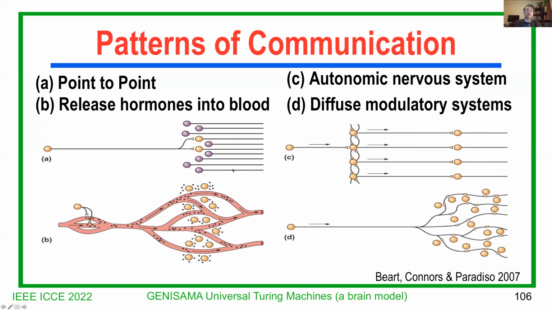Let's review a little bit the kinds of signal transmission in the brain. A is point-to-point from neuron to neuron, through synaptic connections. B is hormonal transmission through blood veins and arteries. The hormones are injected into the bloodstream and then released outside of the arteries and veins into other cells.